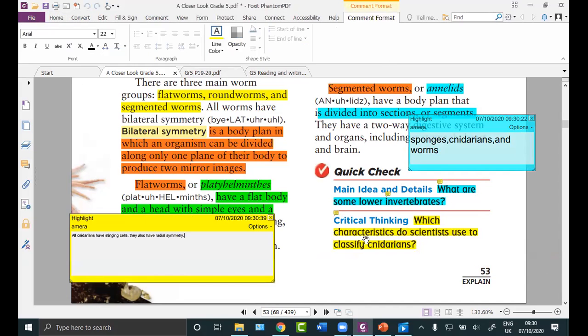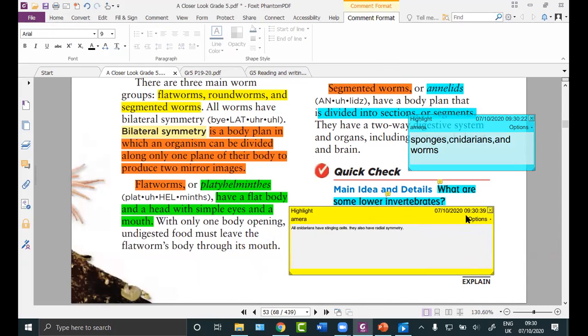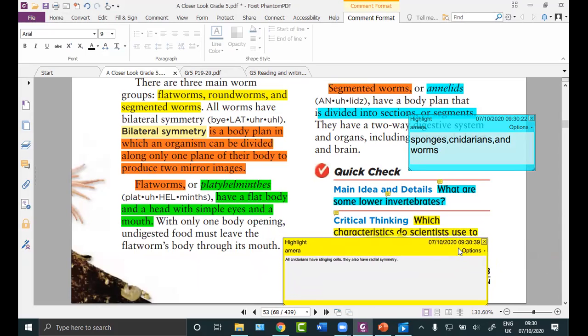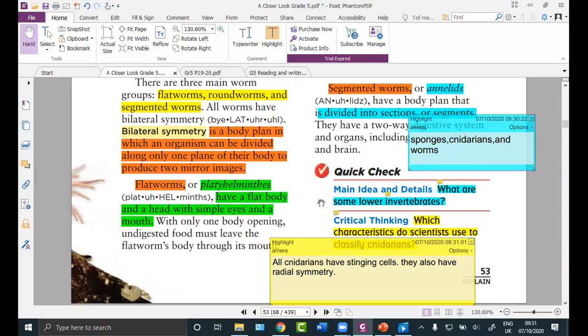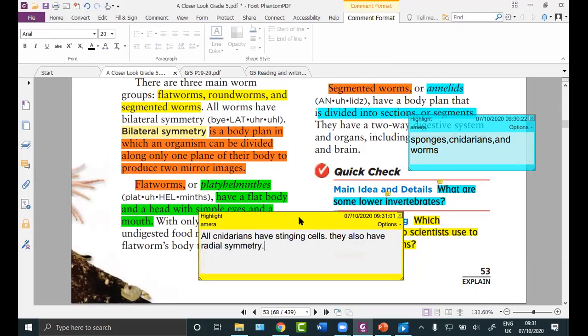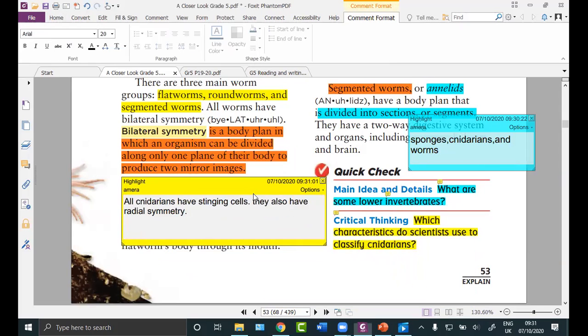Critical thinking: what characteristics do scientists use to classify cnidarians? Okay, here is the answer. You can see the answers.